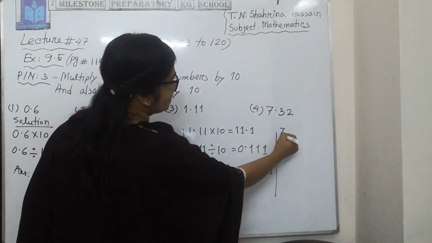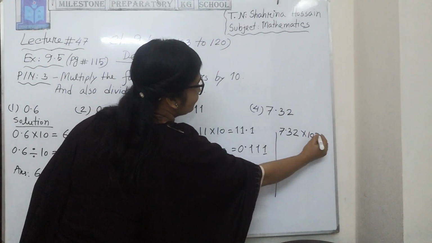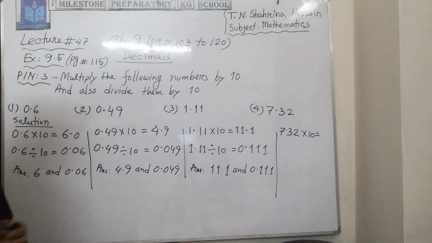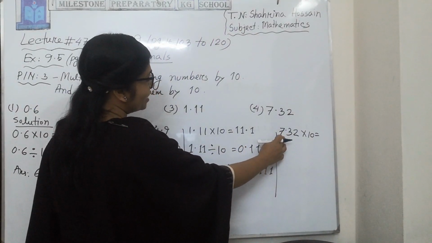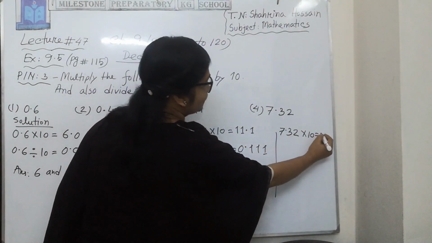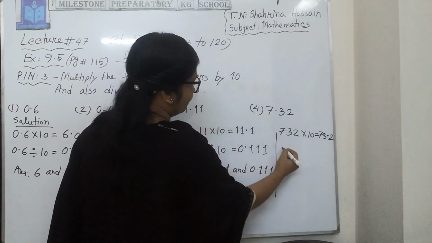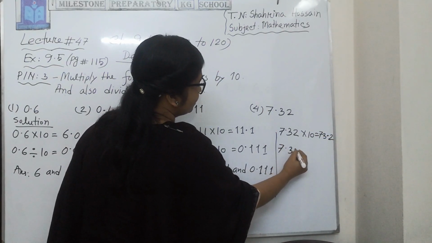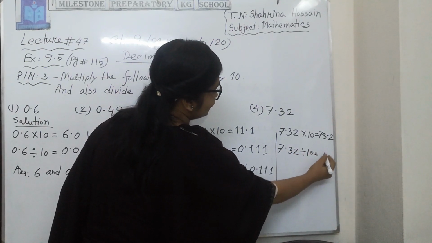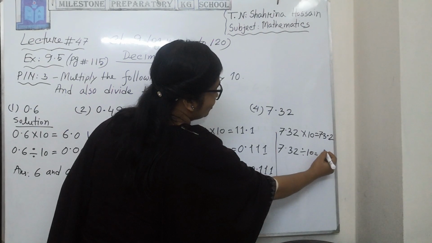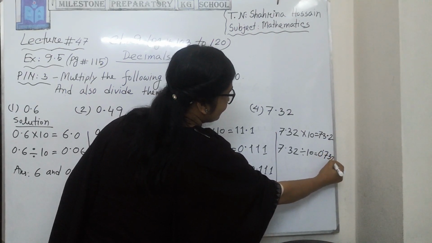Now 7.32 into 10. So same thing, same way. The point's position will go after 3. That means 73.2. Now 7.32 divided by 10. So what will be the answer? 0.732.